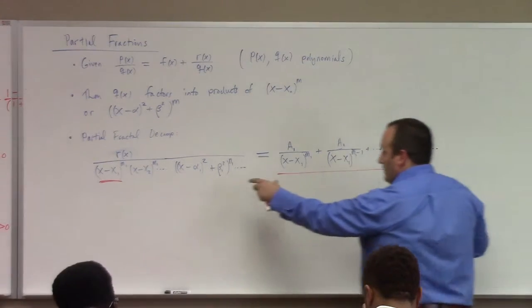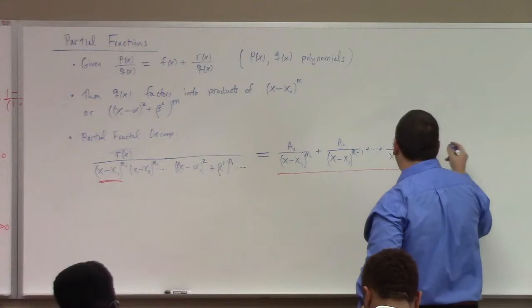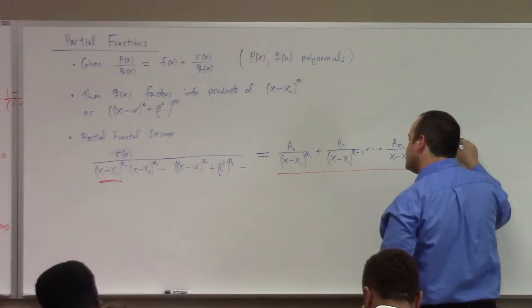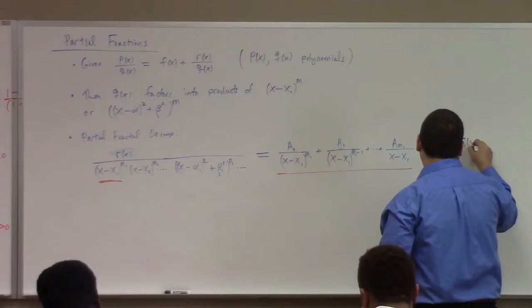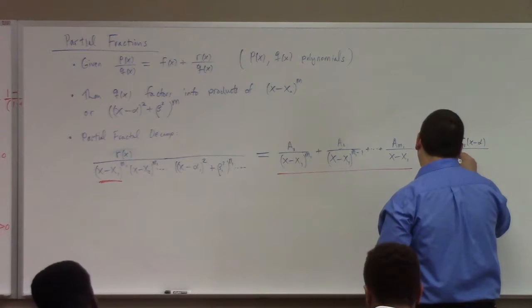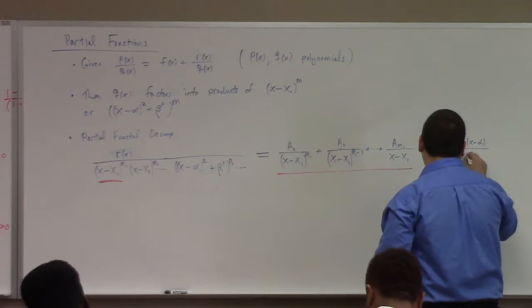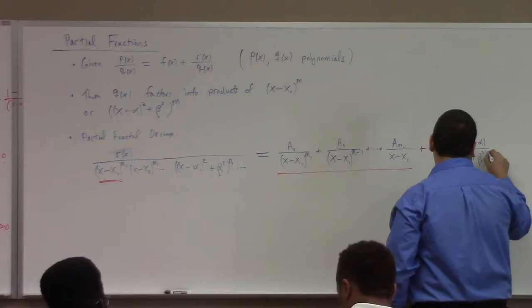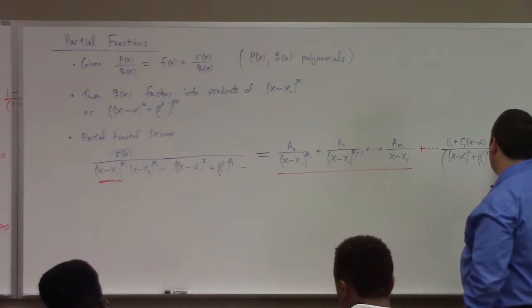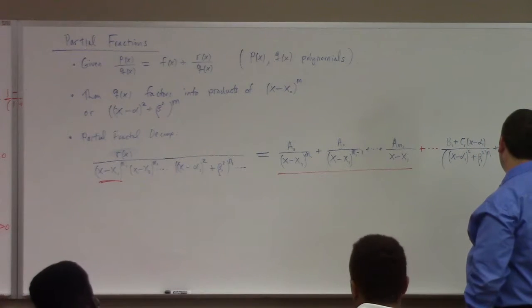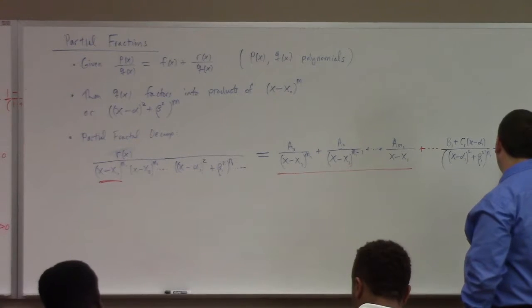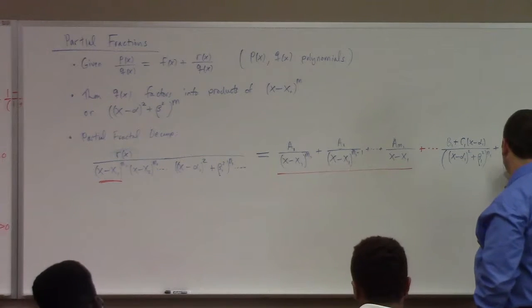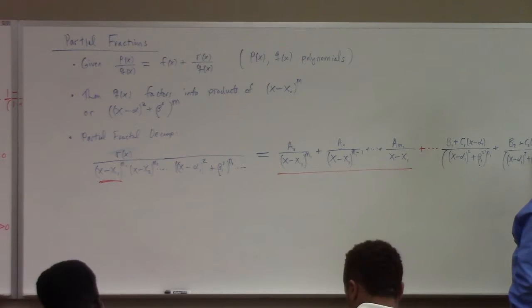But then this quadratic term produces terms like, let's say, b1 plus c1 times x minus alpha1 over x minus alpha1 quantity squared plus beta1 squared to the n1. And then plus b2 plus c2 times x minus alpha1 over x minus alpha1 quantity squared plus beta1 squared to the n1 minus 1.